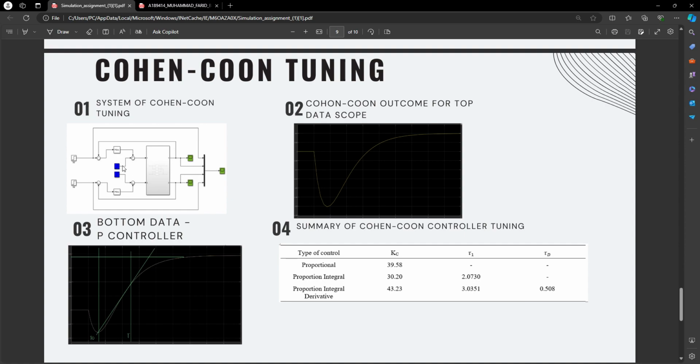This is the simulation model, this is the outcome for the top data, and this is the bottom data, and this is the summary of the Cohen-Coon controller tuning. We obtained the KC, the top one, and the top distillation.